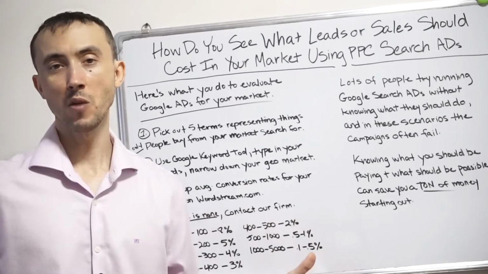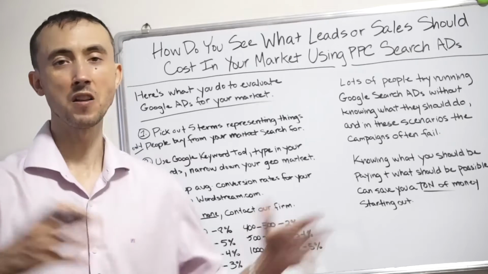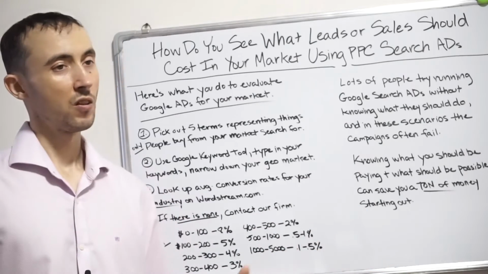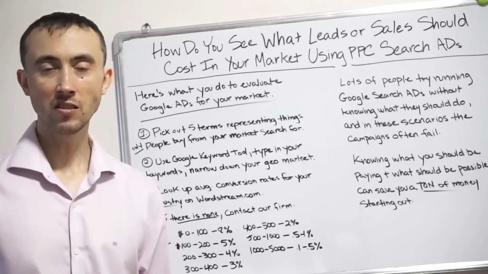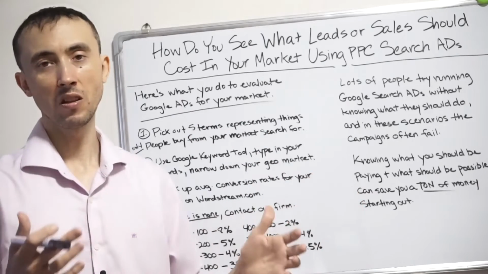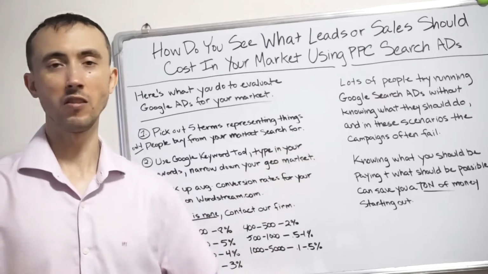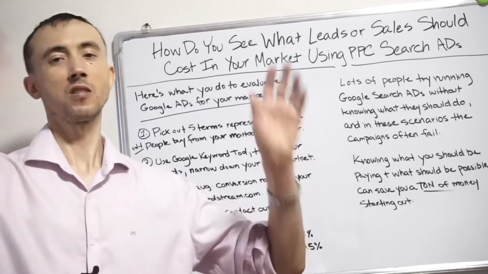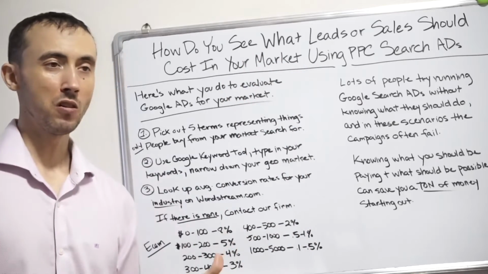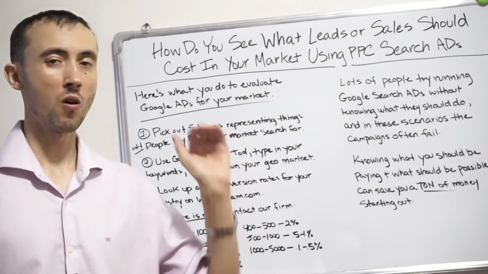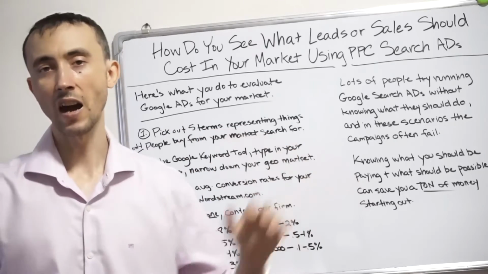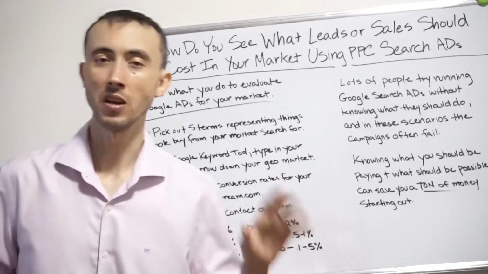For some reason, not many people say this, but this is pretty much a fundamental law as far as I'm concerned. I've never seen it where it's not the case. The only difference would be, assuming you're the only person in your market doing it and there's extreme demand and the laws of physics are broken. But in general, in normal everyday circumstances, the higher the product price is, the lower the conversion rate is going to be.